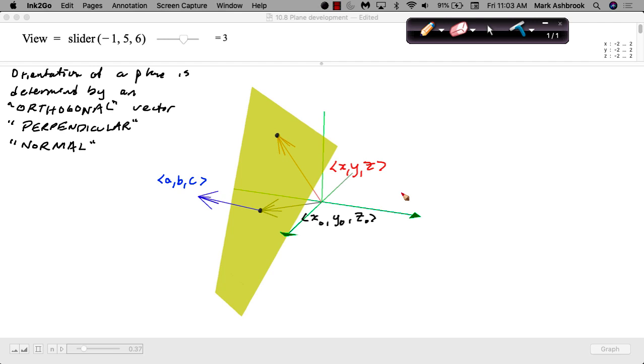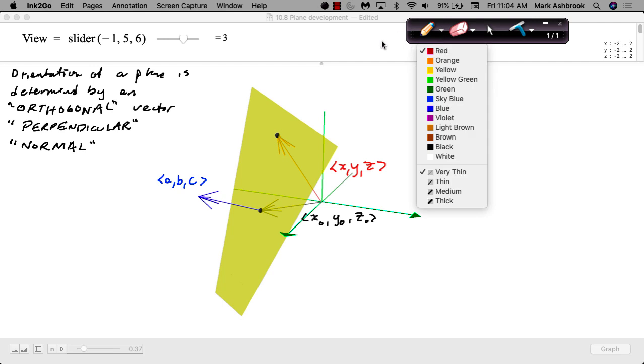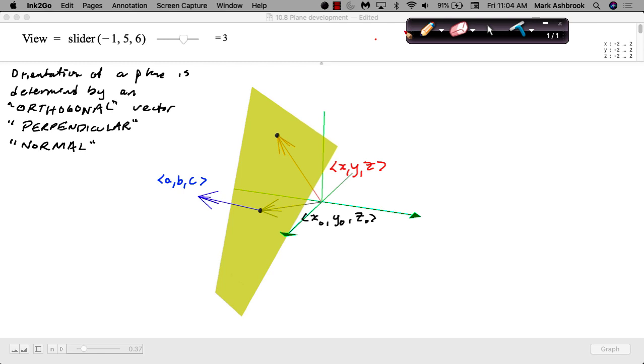Any ideas? Yes, sir? Find a vector on the plane and take the cross product of that and ABC. Okay, this is a good thought. When you say the vector on the plane, what do you mean? Can you be more specific? Just do final x minus the initial x.